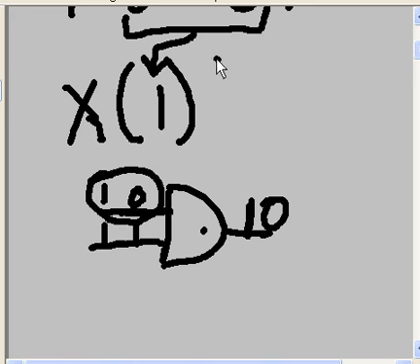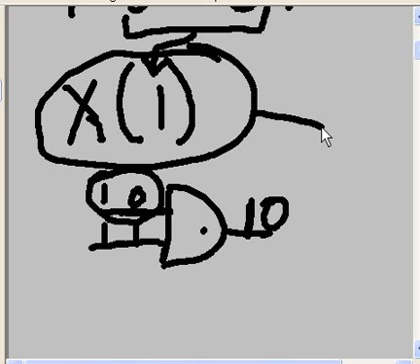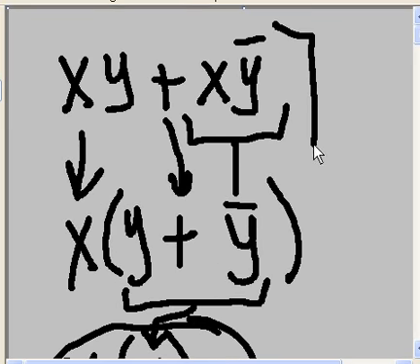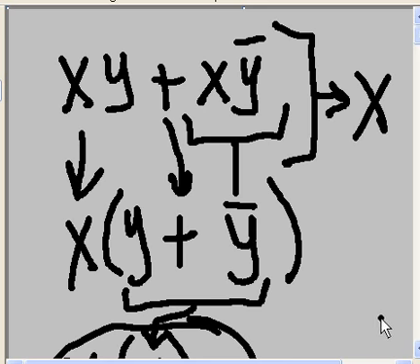So, x ANDed with a 1 always gives you x. Always. So, we've taken this whole expression and reduced it to x.